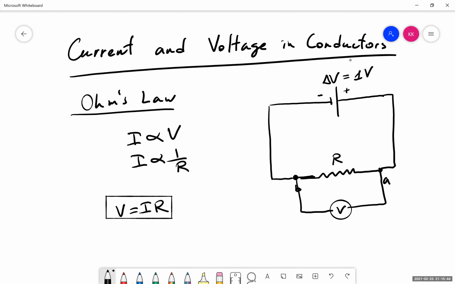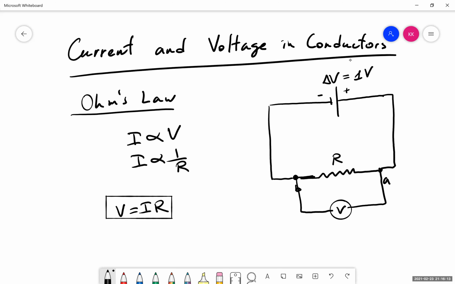It gives me the potential difference across the resistor between points A and B. And this is how we always measure the voltage of a device. We always connect the voltmeter between two points, across the device that we want, and it gives us the potential difference between those two points, A and B.